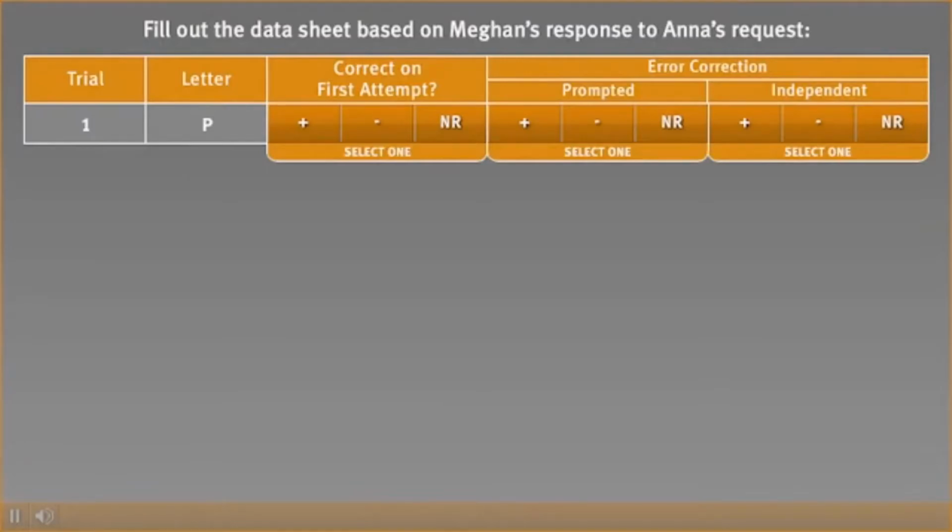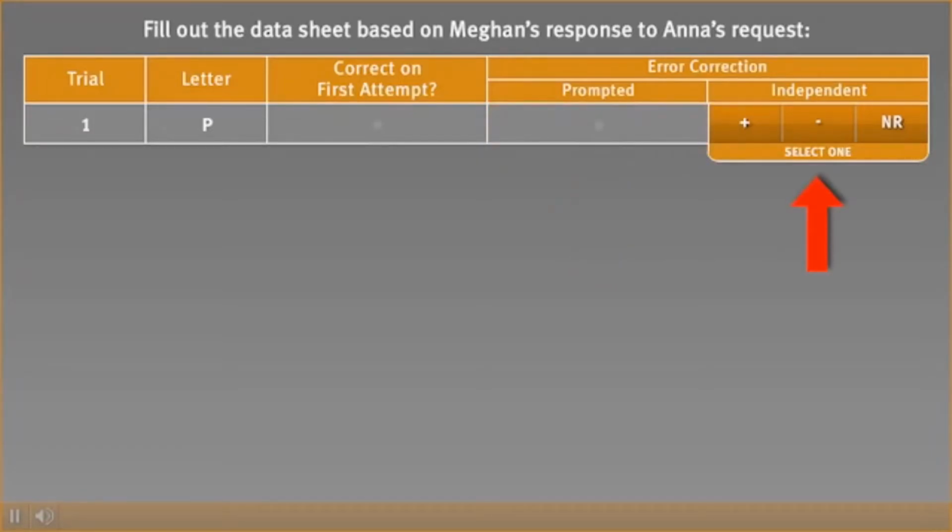Just like we learned in this unit, you'll decide whether Megan's response should be recorded as correct, click the plus sign, incorrect, click the minus sign, or no response, click the letters NR. If Anna's running the error correction procedure, there are 2 more parts to the trial. You'll need to record Megan's response after Anna presents the prompted part of error correction, and after Anna presents the independent part of error correction.